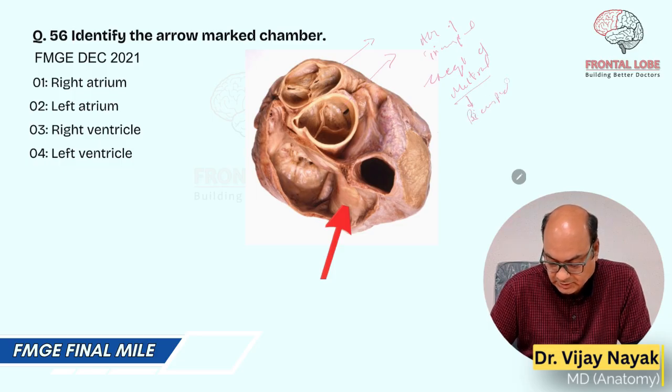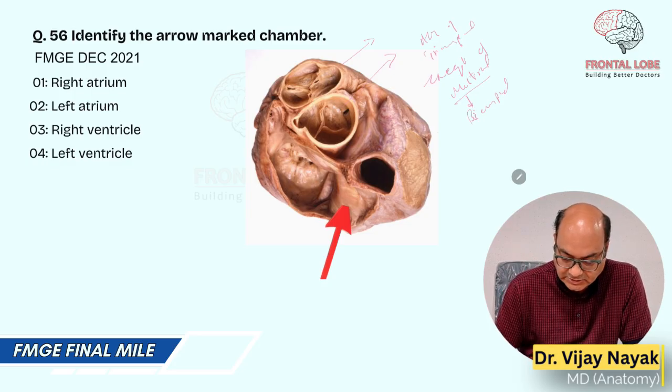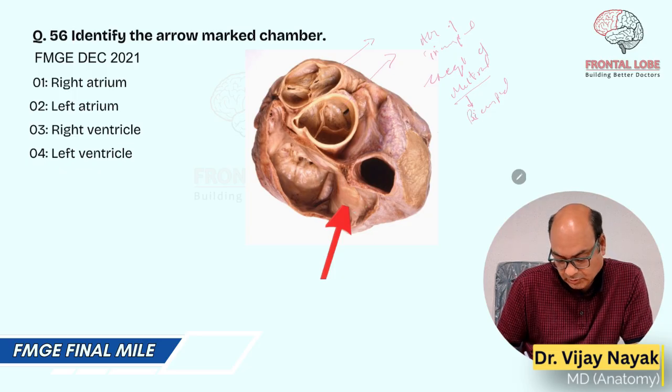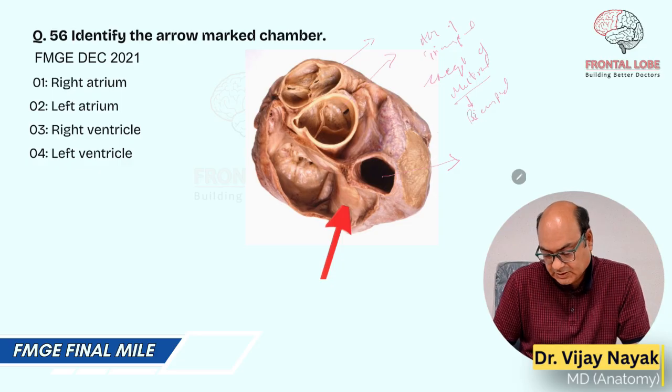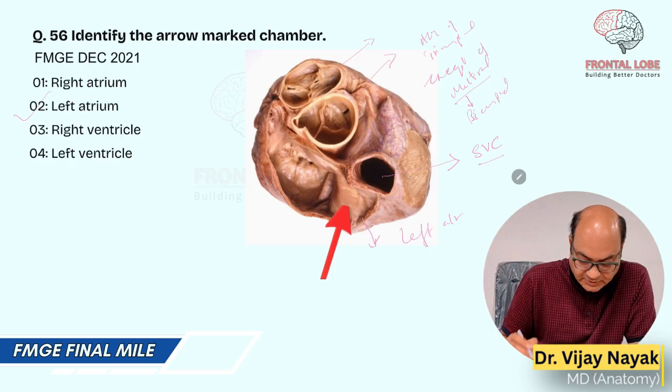Be it the pulmonary valve or the aortic valve, they're all tricuspid. You can also see a very big vessel, the SVC, superior vena cava, and the arrow marked structure is posterior. The only chamber present posteriorly is the left atrium. So the answer is left atrium.